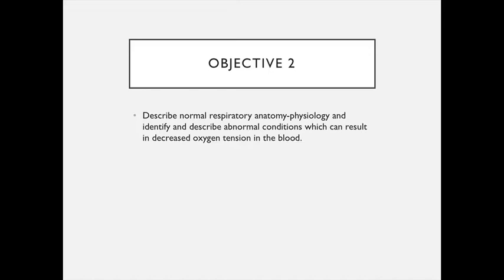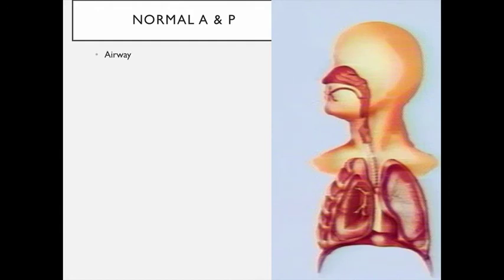All right, so let's break this down a little bit with some of our A&P and talk about some abnormal conditions that can result in decreased oxygen tension or oxygen levels in the blood. So here's our respiratory tract. It's, again, not a super great picture, but it will do the job.